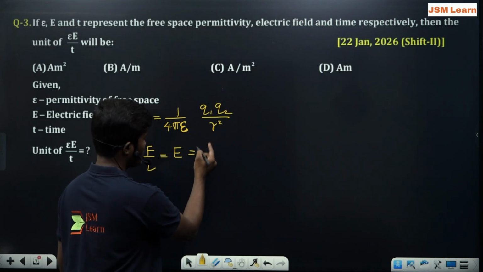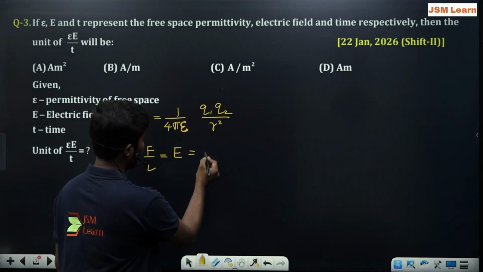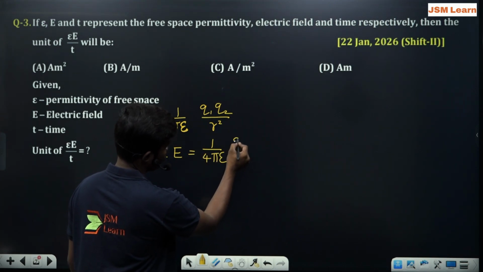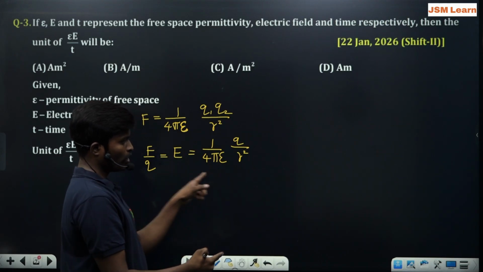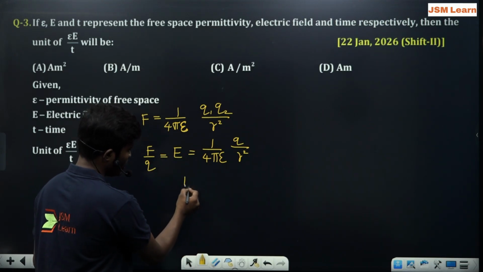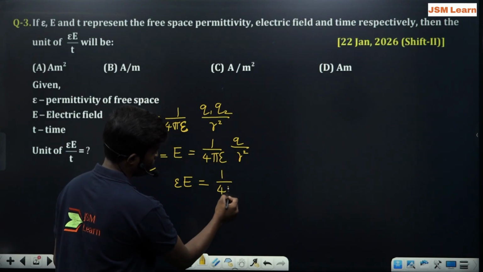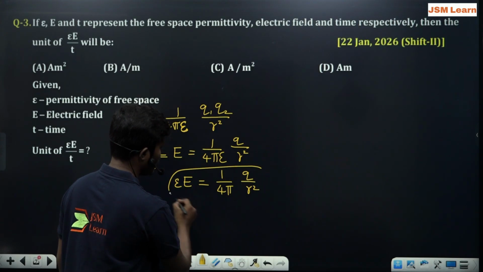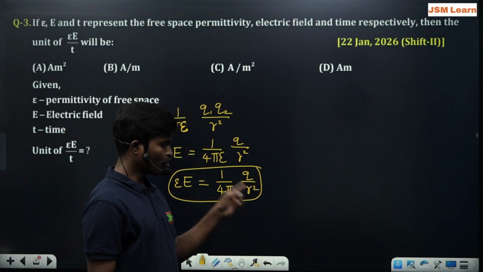One of the charges comes to this side, and we get 1 by 4 pi epsilon into q by r square. Now this epsilon is taken to the other side, and we get E epsilon is equal to 1 by 4 pi into q by r square.